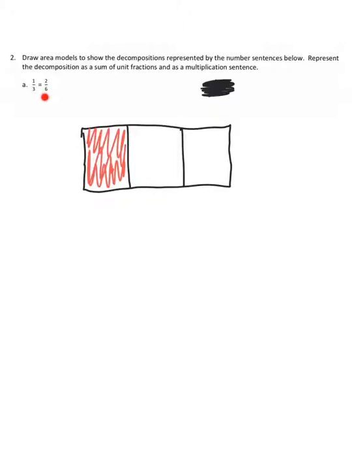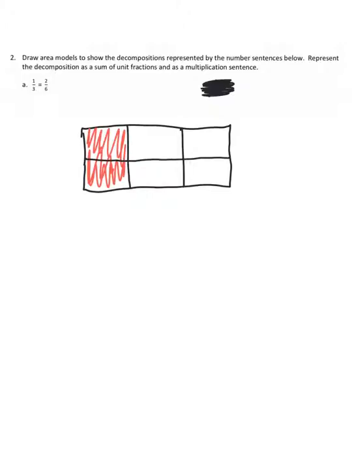But now I have to show that it's equal to 2/6. So what I'm going to do is split it in half. And now we have a denominator of 6 because it's broken up into 6 pieces, and 2 are shaded in. 1, 2, 3, 4, 5, 6 represents the denominator of 6, and 2 are shaded in.